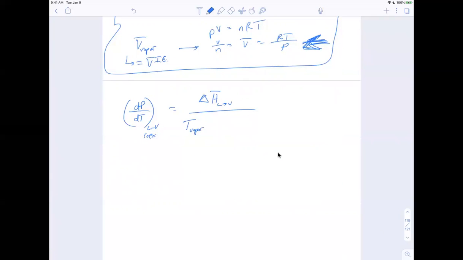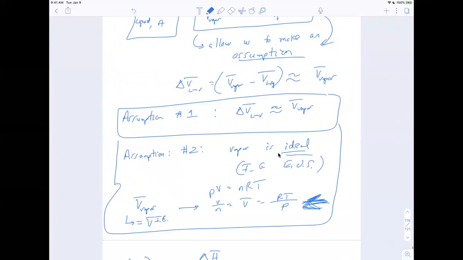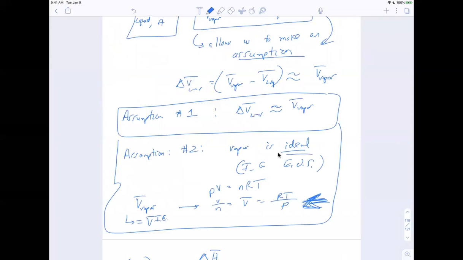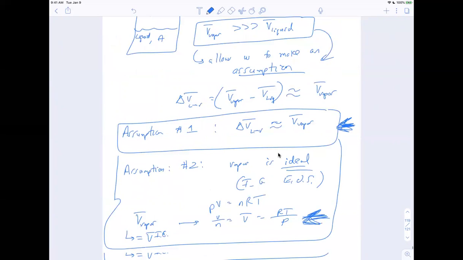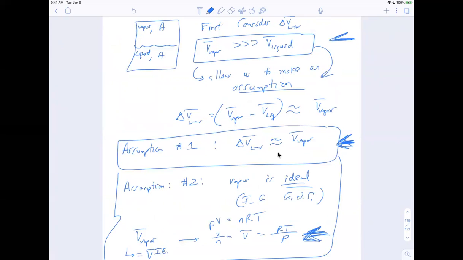I just shorten it to T vapor times the delta V. But we said that the delta V for this vaporization process is equal to the molar volume of the vapor right here. That was our assumption 1, based on this experimental observation.